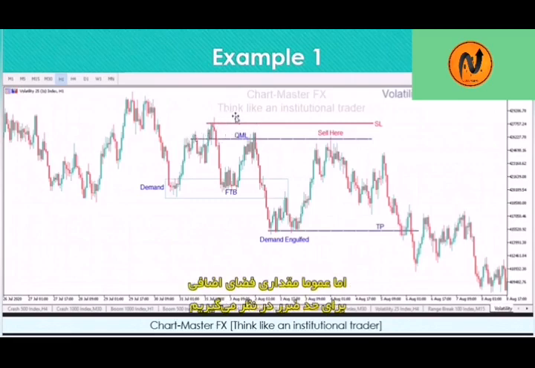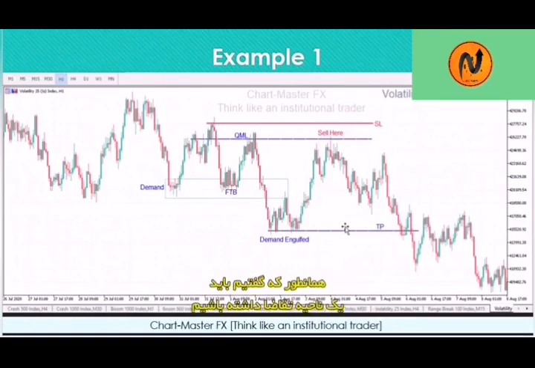But generally, just to allow the trade to breathe, maybe you can put your stop loss here, and your take profit would be the depth of engulfment of demand. So you put your surface take profit here. Maybe you can leave some of your trades to run, but this is the ideal surface take profit for this setup.